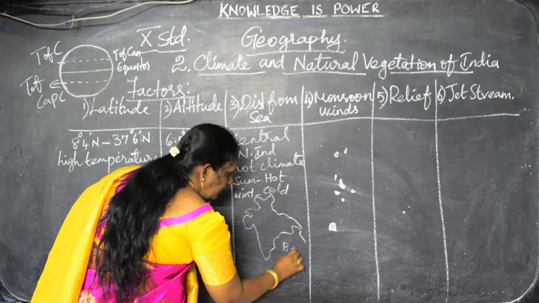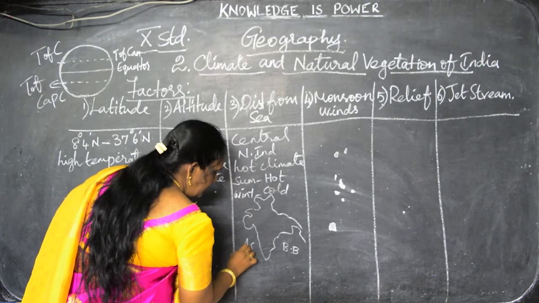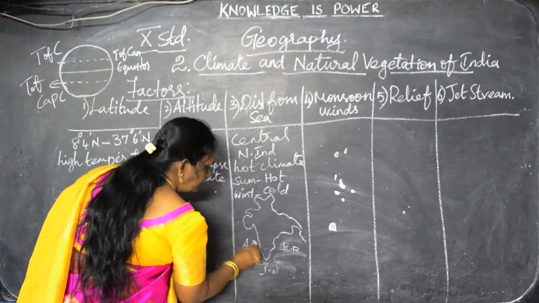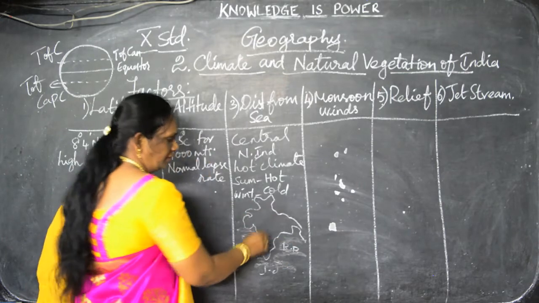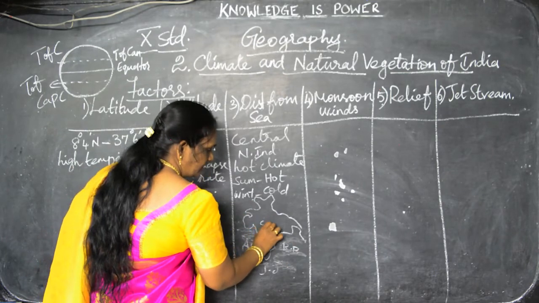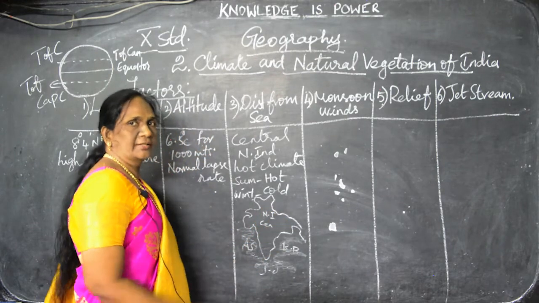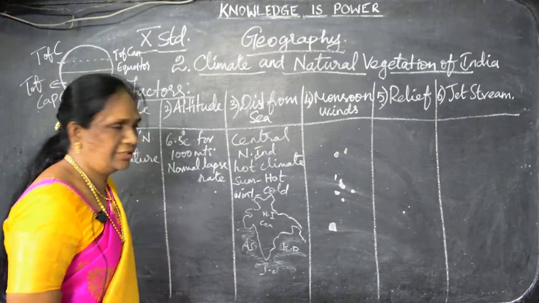Here Bay of Bengal, Arabian Sea and Indian Ocean. So here we have the water body, here no water body. So for that only central India and North India experience extremes of hot and cold, unlike South India.